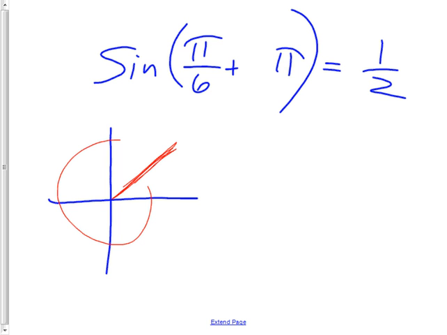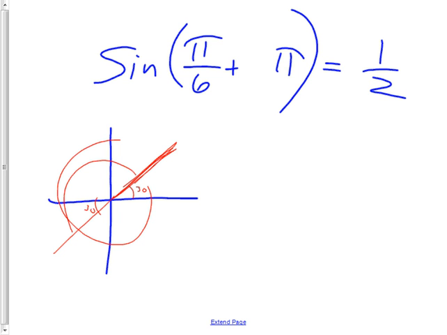Now, if you add just a pi, that's going to bring you exactly to the other side, and you'll be drawing your angle over here. So now, if it was pi over 6, I kind of did that badly. If it was pi over 6, that means this angle is 30 right there, right? So if I draw this like this, these are called vertical angles, so that should also be 30.